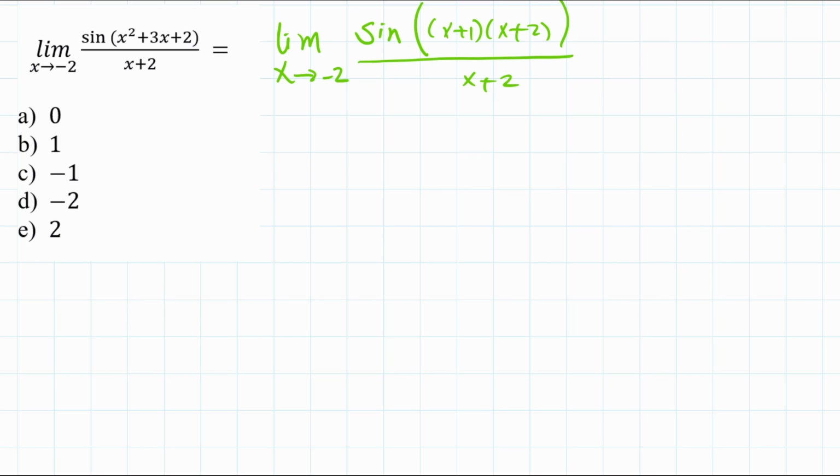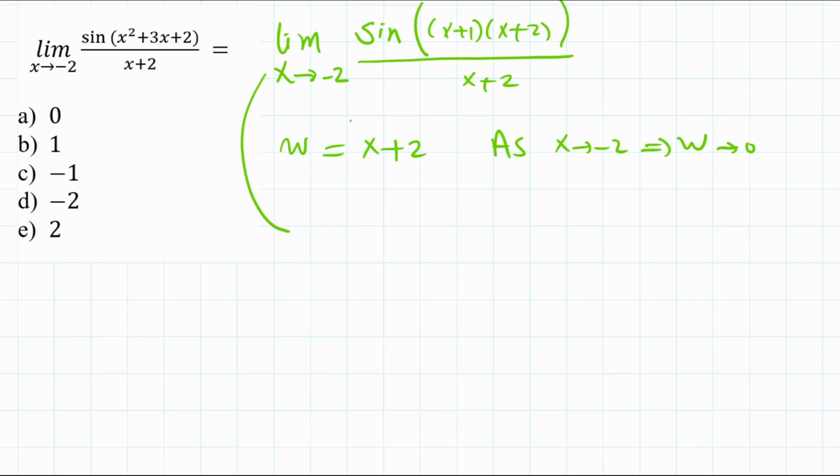You can see the existence of x plus 2 in the argument of sine, and also x plus 2 in the denominator makes it probably possible to make this substitution. w is equal to x plus 2. So now as x goes to minus 2, we know that w will go to 0.